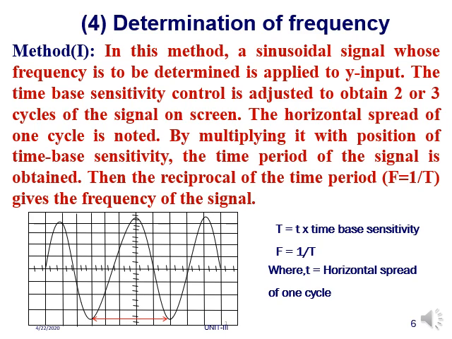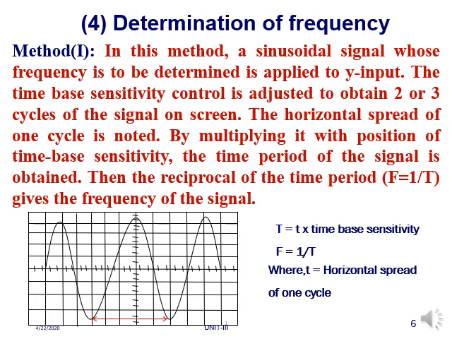So in this figure, suppose the horizontal spread of one cycle is 1, 2, 3, 4, that is 4.5 centimeter, and time base sensitivity is, suppose, 1 microsecond. Then we will calculate the horizontal spread of one cycle into time base sensitivity like this, and then frequency f is equal to 1 by T.